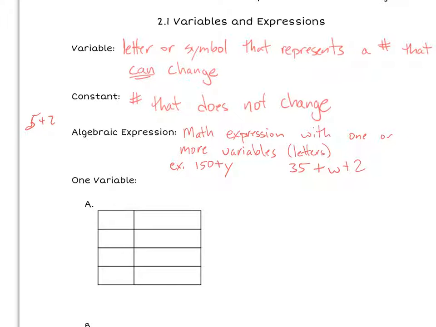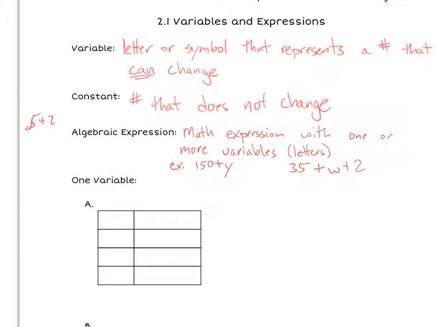So we could plug different numbers in there to get different answers. Normally they give you the answer and you have to find what W is. Is that what you did last year? They gave you like 150 plus y equals 200, and you had to figure out y. We'll be doing some of that too.